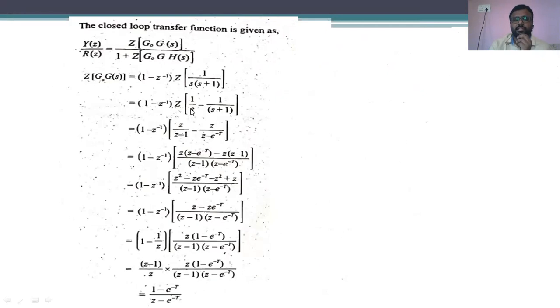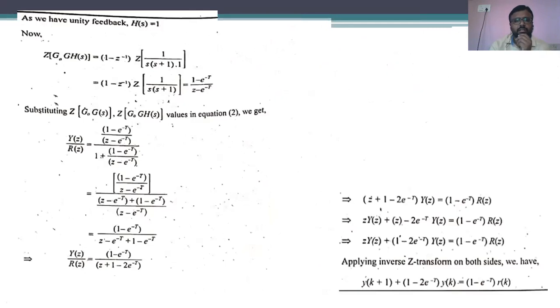After that we have derived the expressions for the transformation of a zero order hold circuit which is in the cascaded position to the system. And after that we have evaluated the expression for Y of Z divided by R of Z, that is nothing but the pulse transfer function.